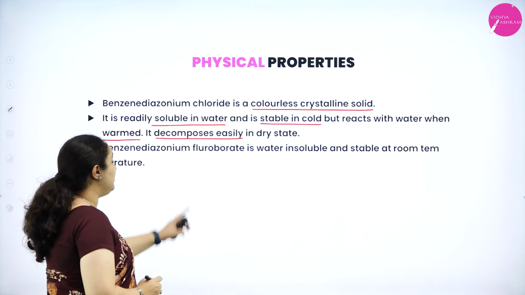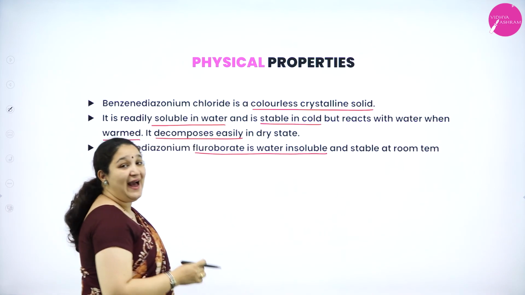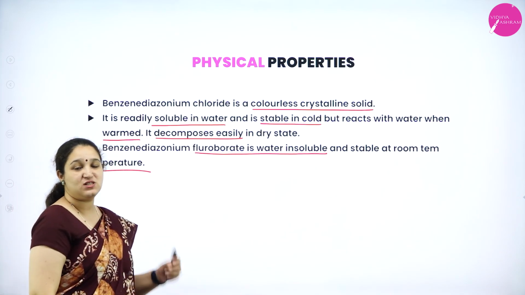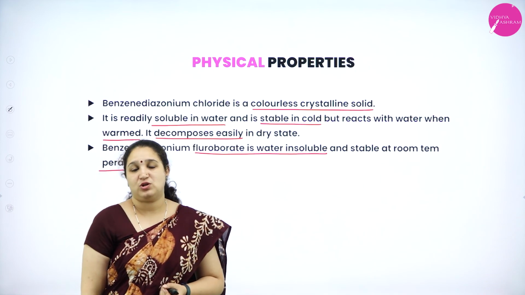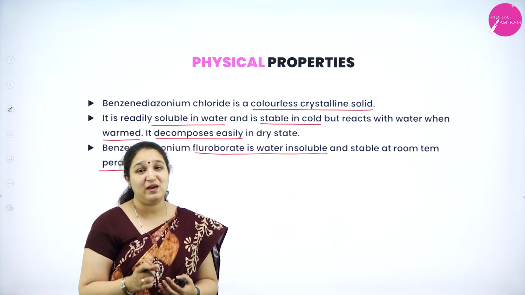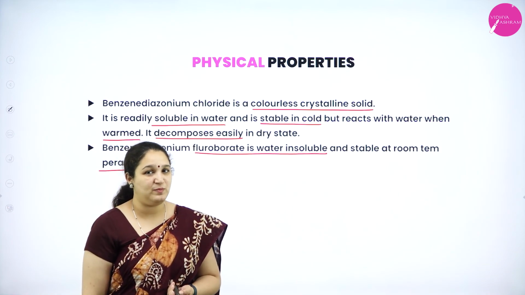Benzene diazonium fluoroborate is water insoluble and is also stable at room temperature. This is the only diazonium salt which is insoluble in water. So that's about the physical properties.